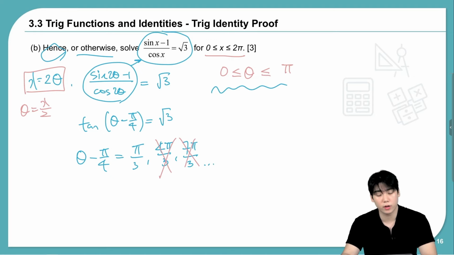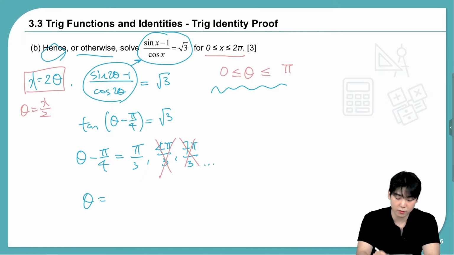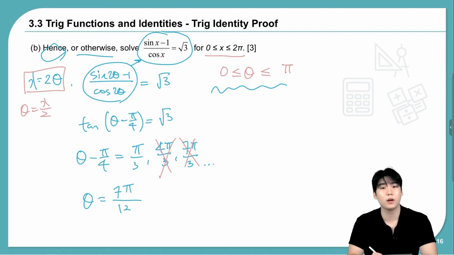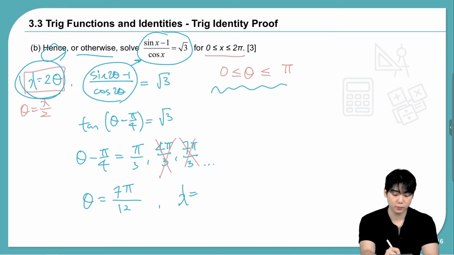Why? Because they go beyond our range. And hence, theta is equal to pi over 3 plus pi over 4, so that is 7 pi over 12. But do not leave your answer like this, okay? You are not asked to find what theta is, but instead x. So x is equal to, since it's 2 theta, we just multiply by 2, we have 7 pi over 6, and that should be our final answer.